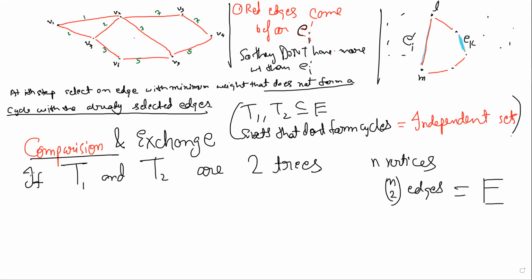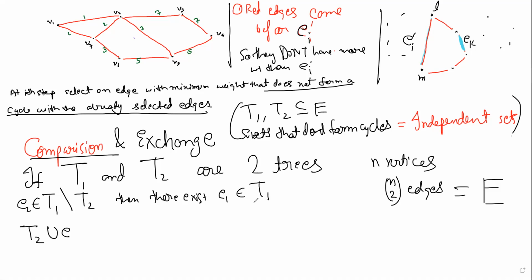We will see. So if T1 and T2 are two trees, and let's say E is in T1 but not in T2, and you throw it in, then there exists something in T2 that we can remove, that we can exchange.